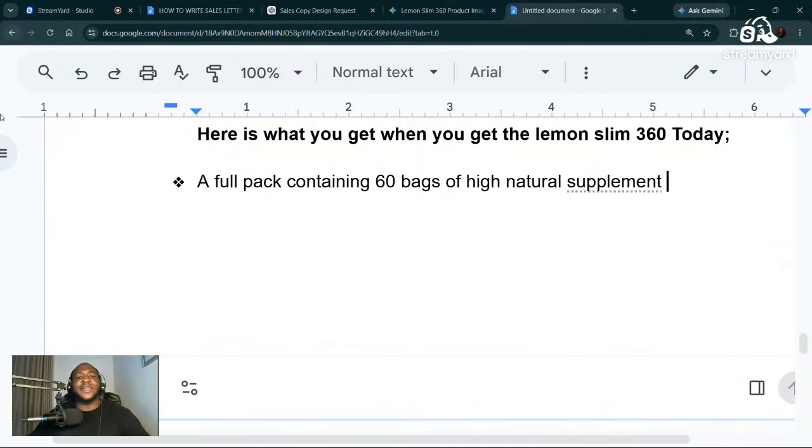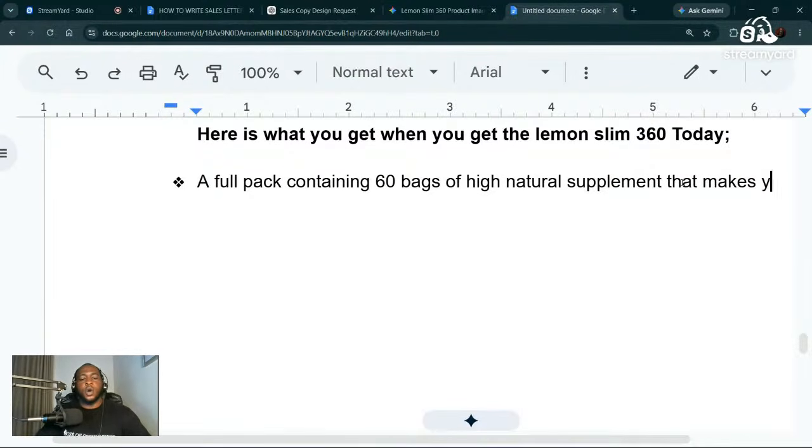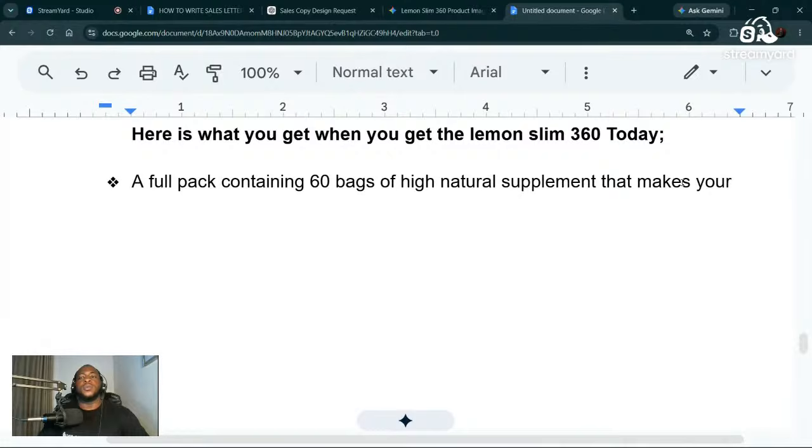Don't just say 30 bags. Don't just say 30 bags of the tea. A full pack containing 30 bags of high natural supplements that makes your body feel relaxed while it removes toxins.